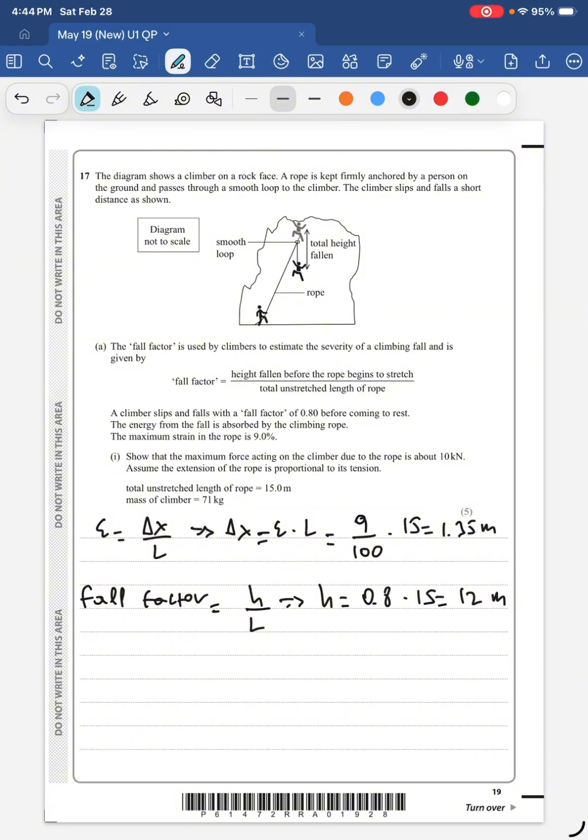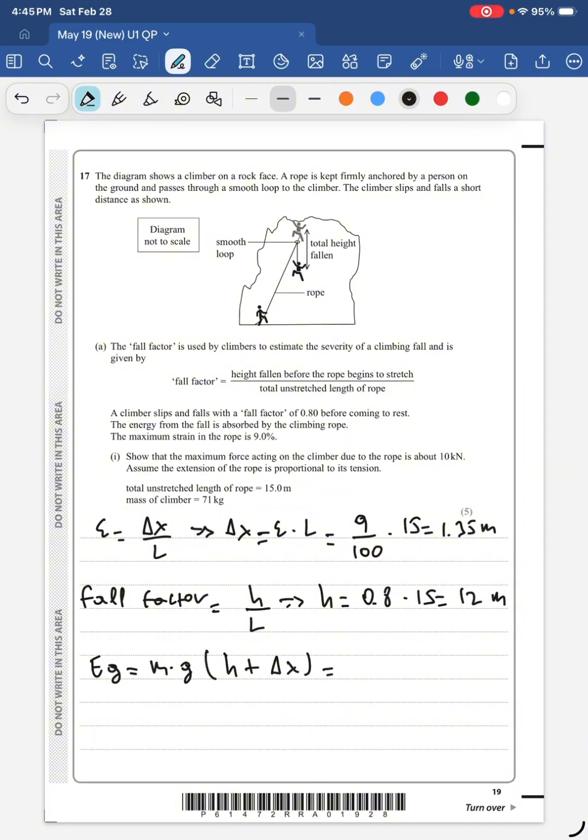We can calculate the energy from the fall, which is just the gravitational energy, since the guy is falling. E gravity is m times g times the height he has fallen, which is h plus delta x, because he falls 12 meters, but the rope stretches 1.35 meters, so you have to account for that as well.